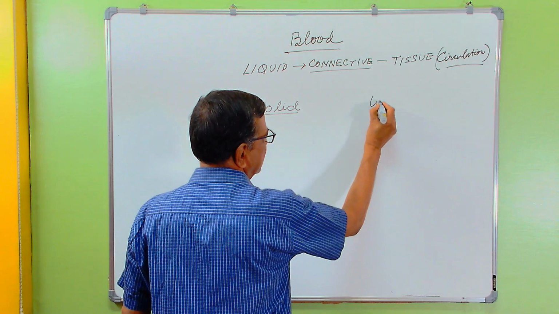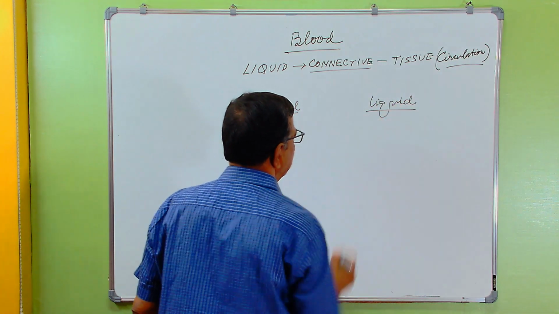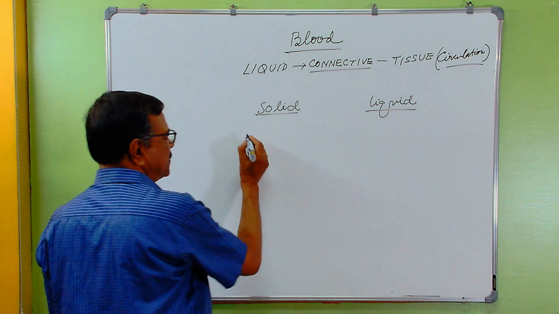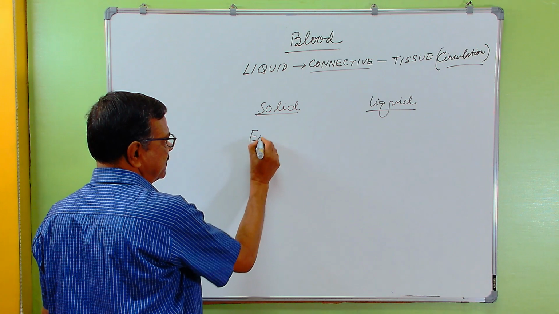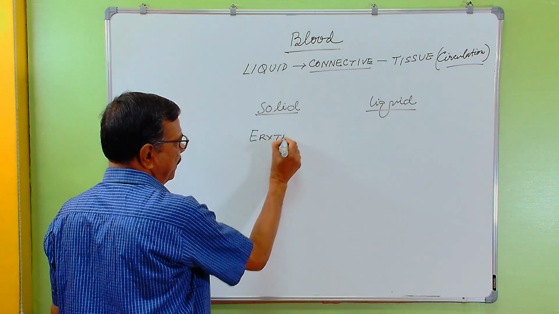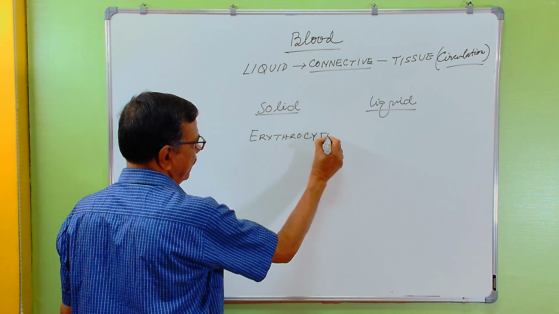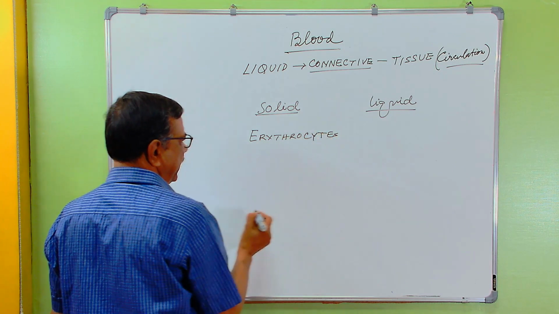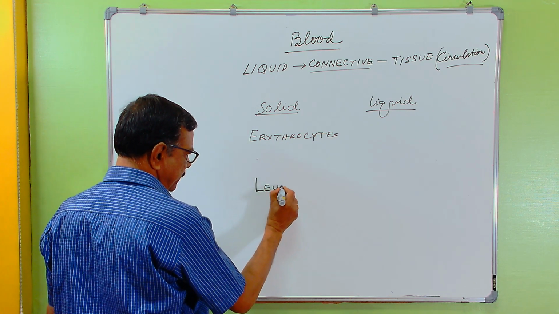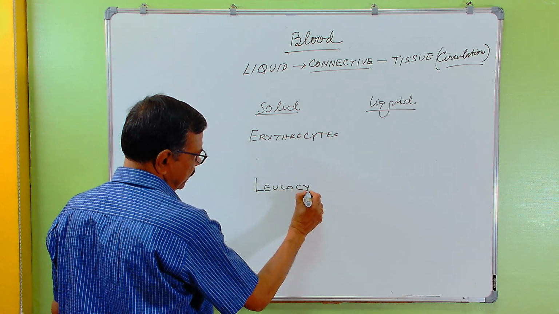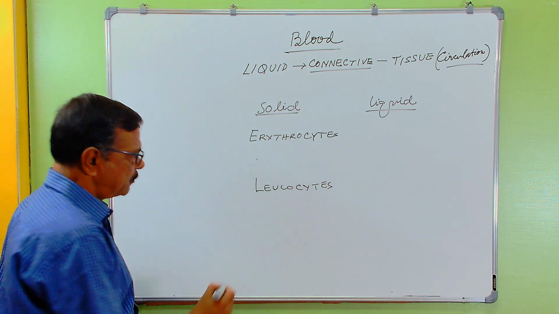The solid part is formed of three: one is erythrocytes, then leukocytes, and thrombocytes.